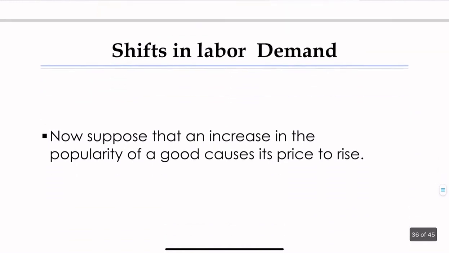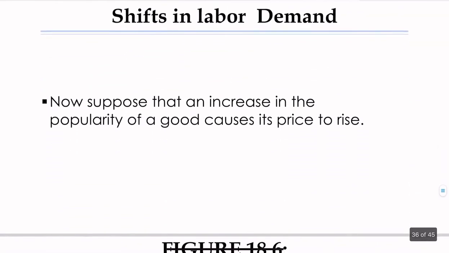Okay. Now suppose an increase in the popularity of a good causes its price to rise. That is, let's say now apples become more fashionable, right? So people now love apples. So this increases the apple's market price.